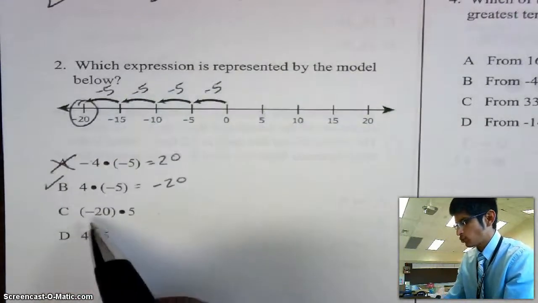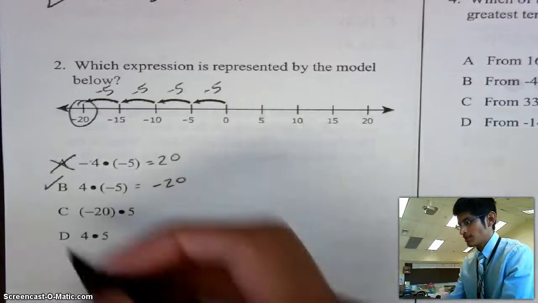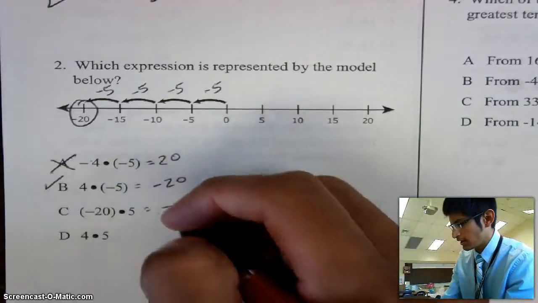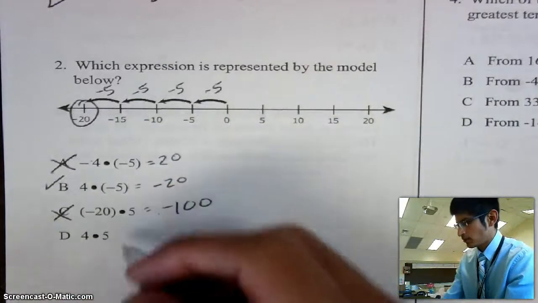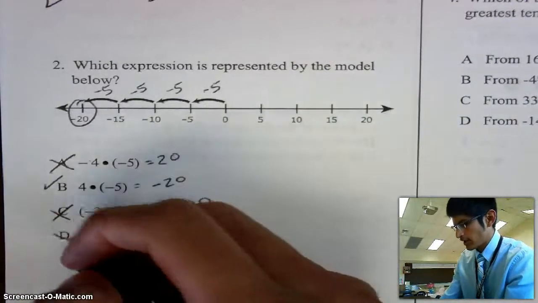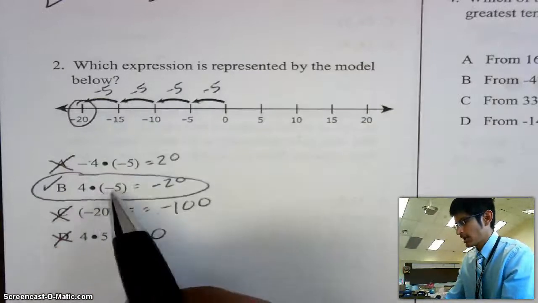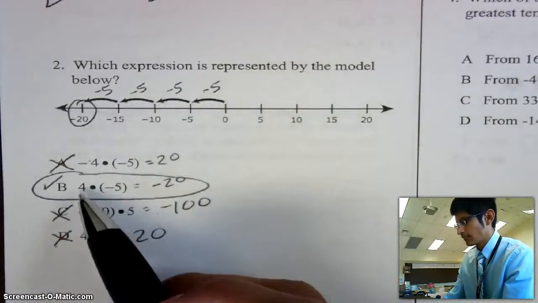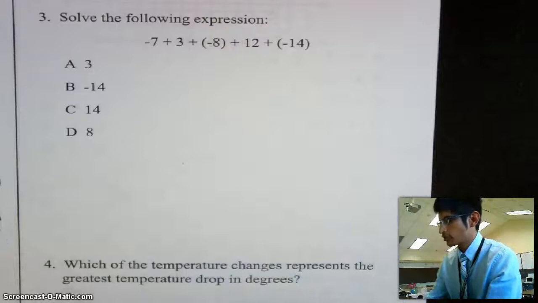On this one, negative 20 times 5, 20 times 5 is 100, and then with the negative, that would make this be a negative 100, so that's incorrect. And 4 times 5 is positive 20, and that's incorrect. So my choice should have been negative 20 because I'm doing negative 5, I'm doing that 4 times, and I end at negative 20.